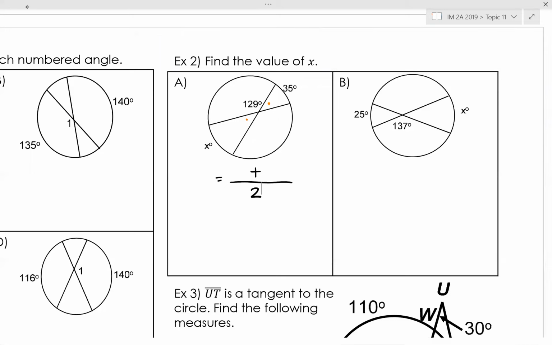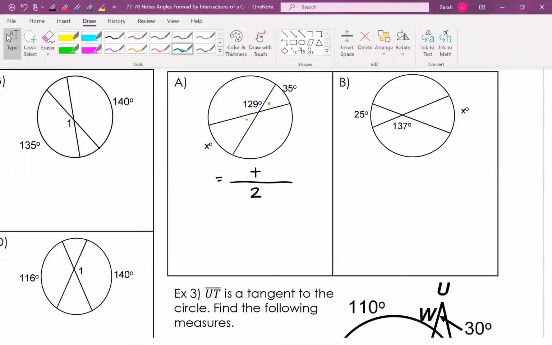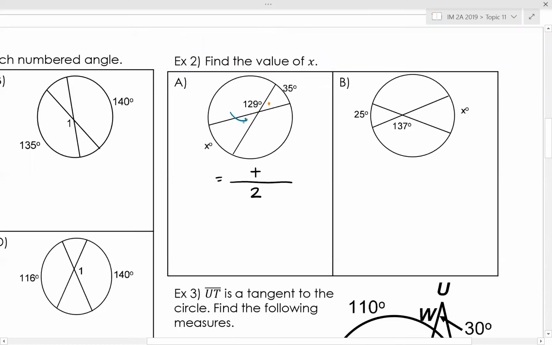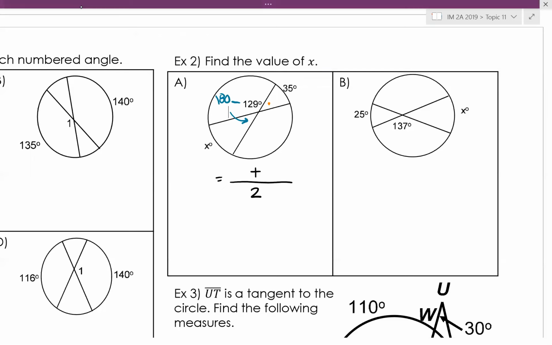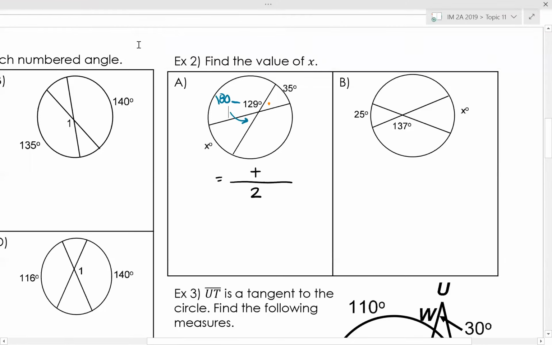So just like we did in the last problem, at the very end, we're going to start with that. So if I want to find this guy, or that guy for that matter, I would do 180 minus 129. So those 2 have to be supplementary. So that means that this angle here is 51 degrees. Or this angle here is 51 degrees, right?